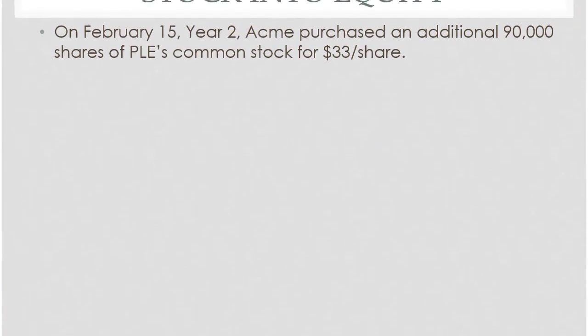So let's assume that on February 15th of year 2, Acme purchased an additional 90,000 shares of PLE's common stock. So let's see, I owned 25,000 shares. I've just purchased 90,000 more, so that's 115,000 shares. 115,000 over 250,000 means that I own 46% of PLE's common stock, which means that I've crossed the 20% threshold, but I haven't crossed the 50% threshold.